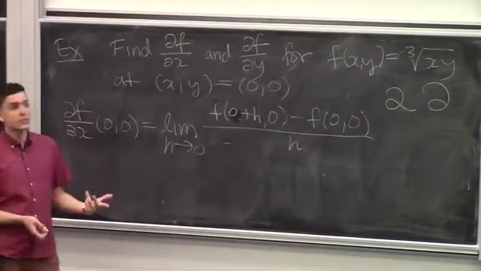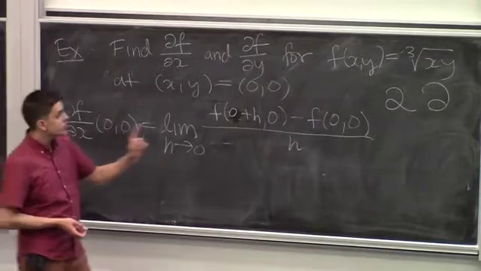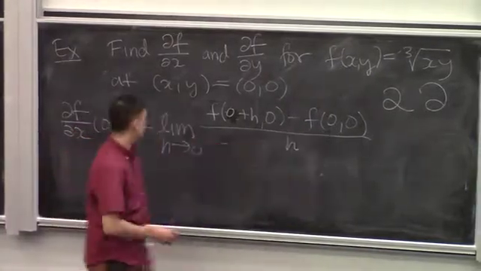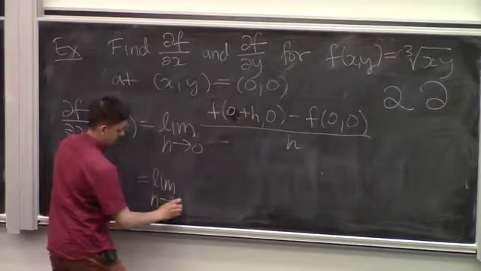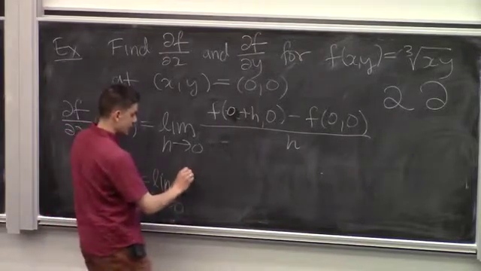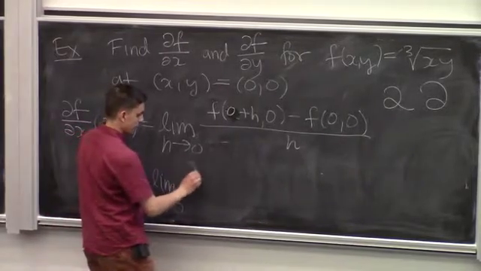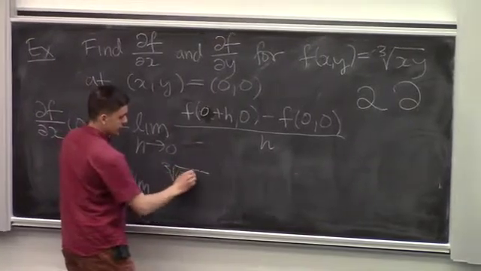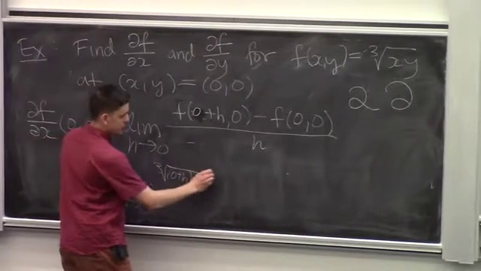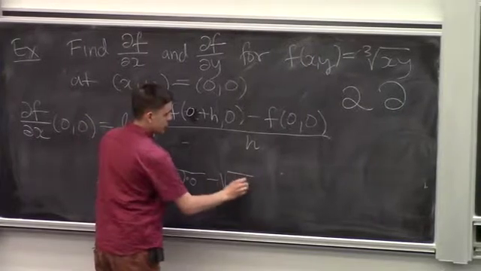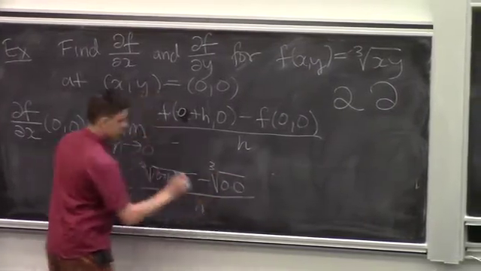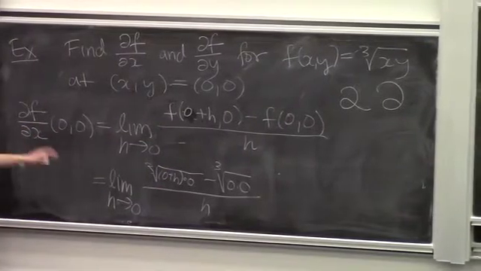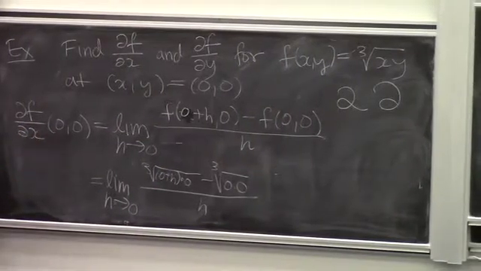We take the derivative of that. But notice when we plug in 0, 0, we're going to get cubed root of 0 plus h times 0 minus cubed root of 0 times 0, over h. When we plug in the variables, there's a lot of zeros happening.